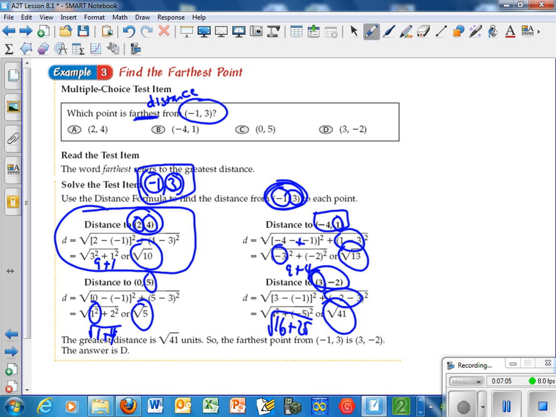So that is the farthest distance. So that would be the point that you would answer, 3, negative 2. So it would be choice D right here. And so those are basically just review, and that would be applying all the distance and midpoint formulas.